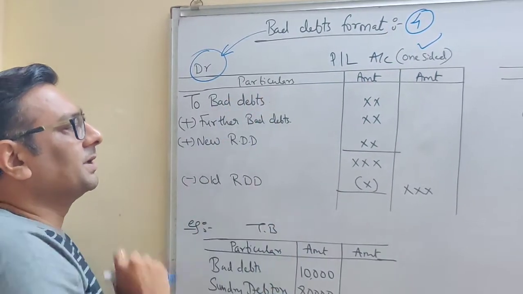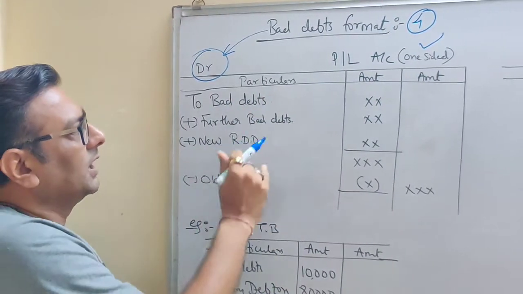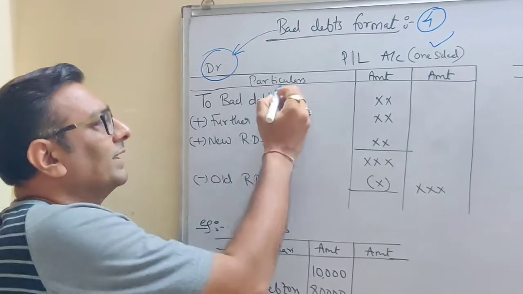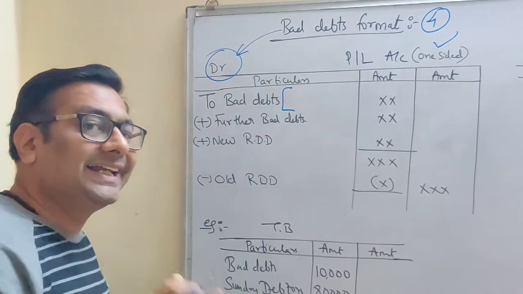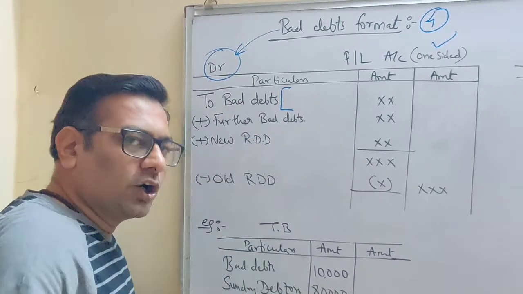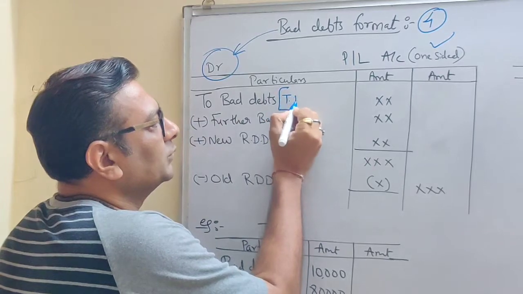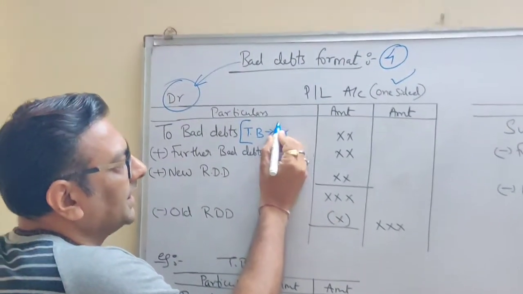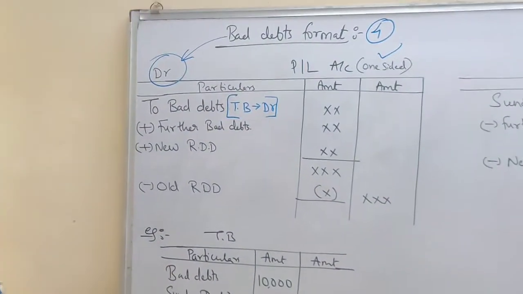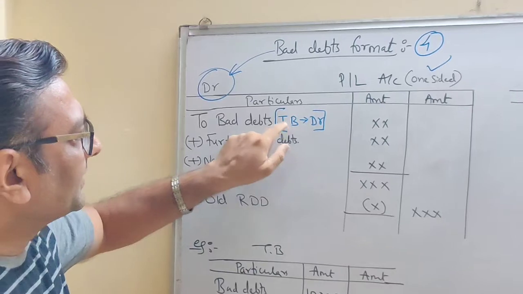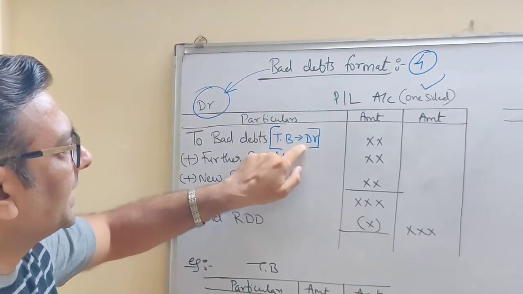Now how to remember this? After writing all the 4 elements, I am going to give you the address, like where it will be given in the question. Bad debts will always be given to you in the trial balance in the debit column.